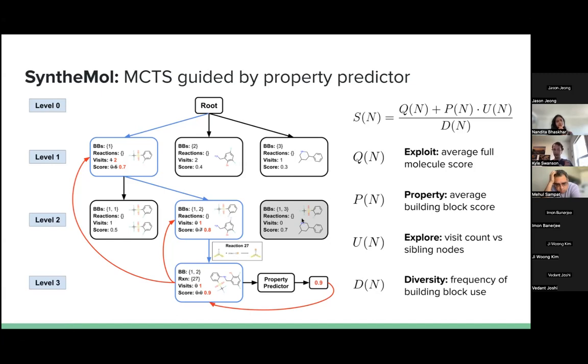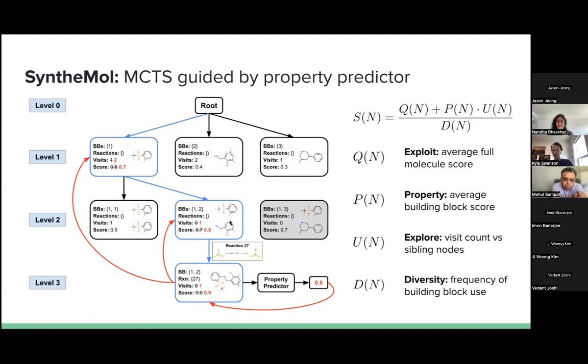Once you're on this second level, there will potentially be some combinations where those two building blocks simply cannot be combined. We don't have a chemical reaction in our set that's capable of combining them, so we'll just throw those away and ignore them. Among the combinations that are feasible, where there is some way to combine those two building blocks, we'll then again score them with the scoring function that I'll explain in a second, select the one with the highest score, and then proceed from there.